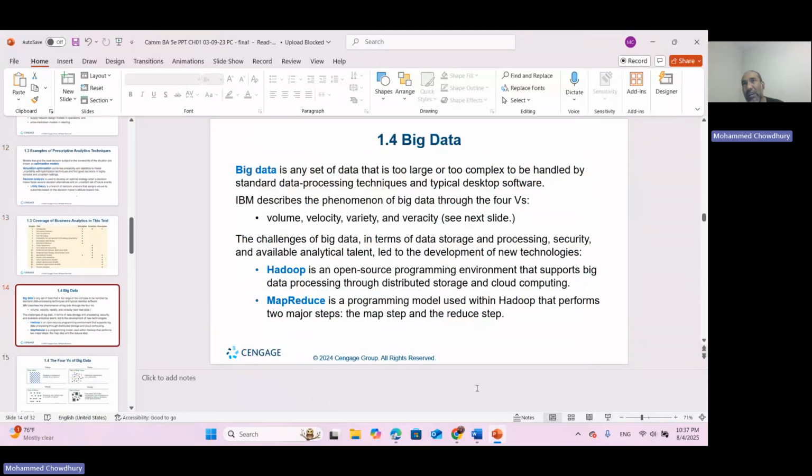That is why cloud computing was developed. Cloud computing means R, Python, SAS, all of these things would be used on a server instead of a physical machine.